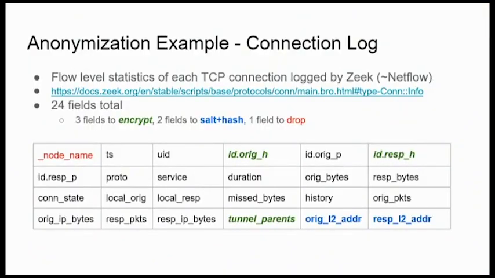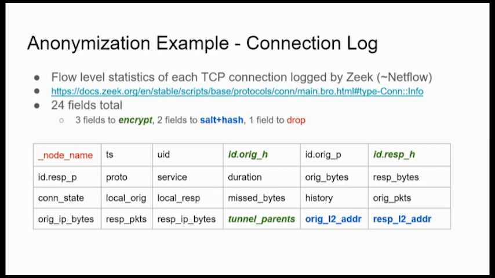So just to give you an example right here, there are three fields that we would normally encrypt in a connection log, and those are the originating, responding, and tunnel IPs. So these are IPs that we encrypt with a one-to-one mapping. Two fields, which are the layer 2 origin address and the destination address, those are salted and hashed.